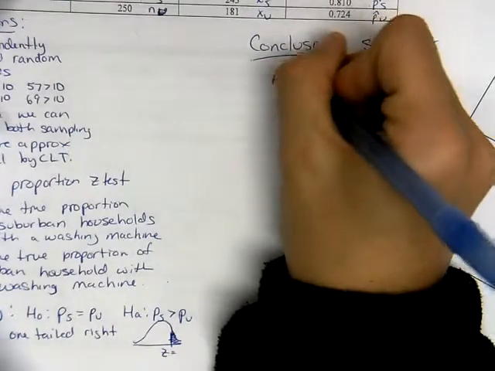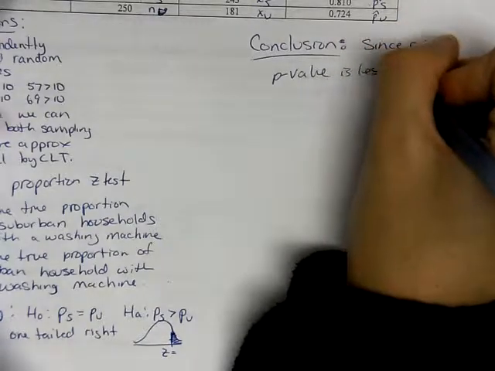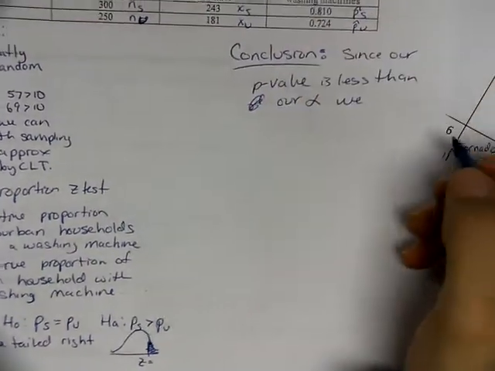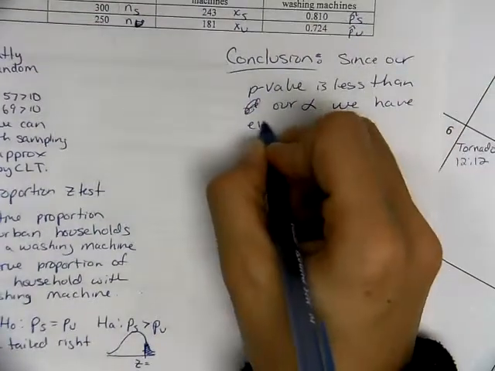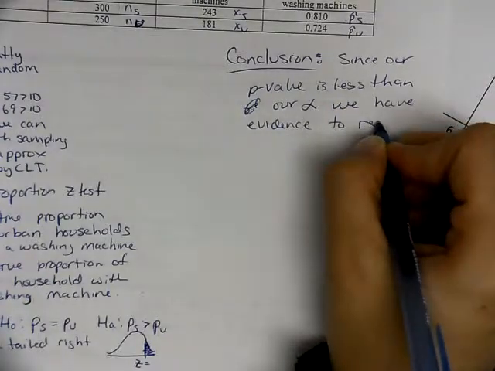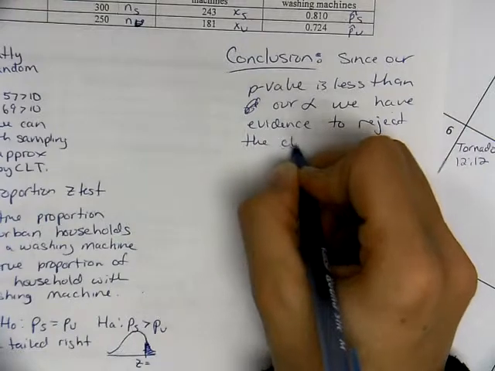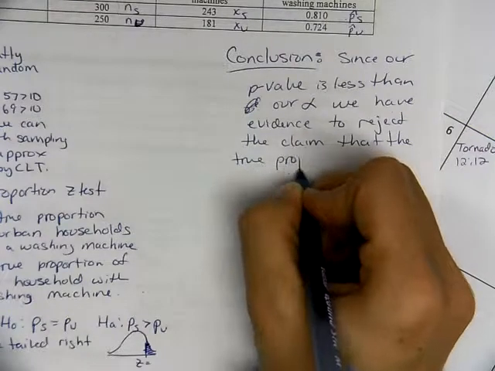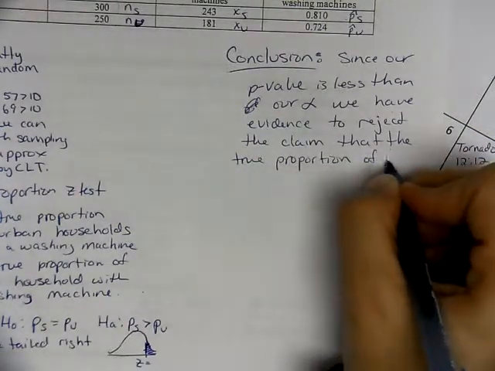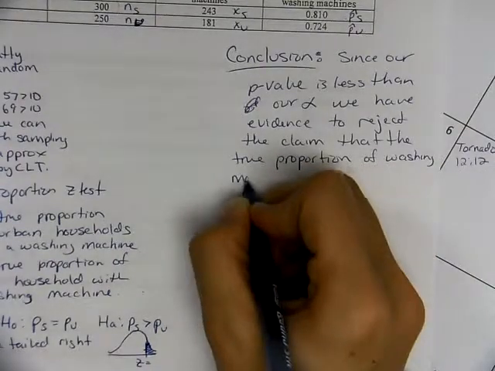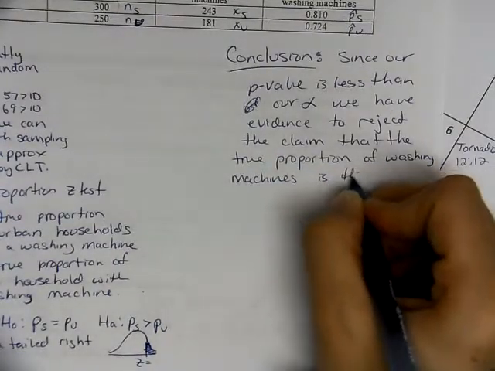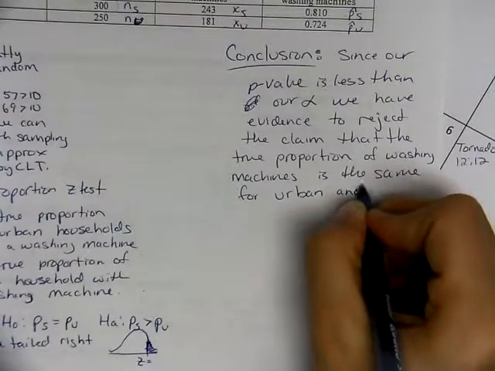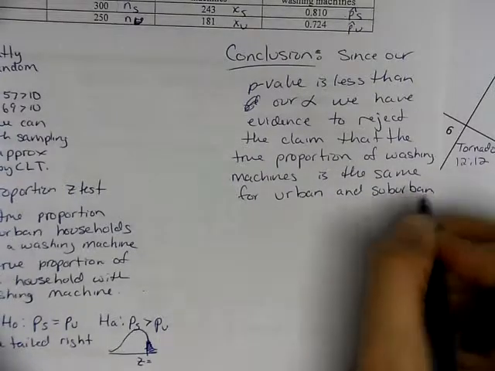Since our p-value is less than our alpha, we have evidence to reject the claim that the true proportion of washing machines is the same for urban and suburban households.